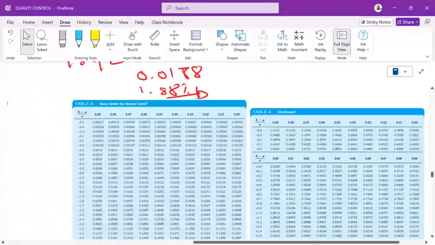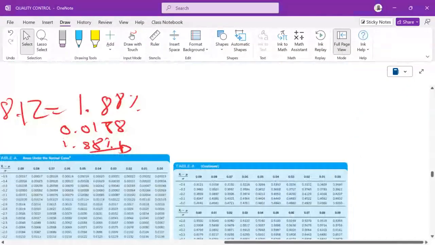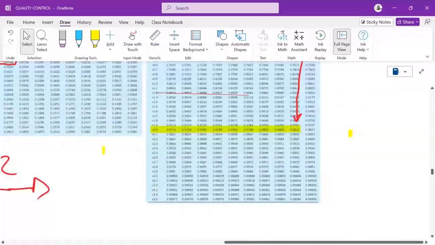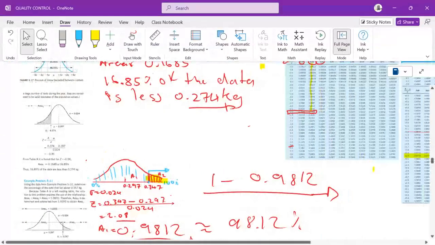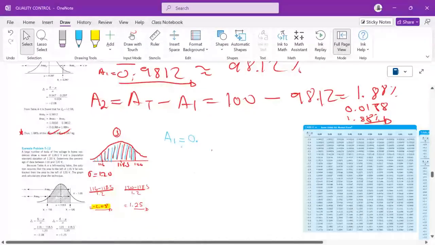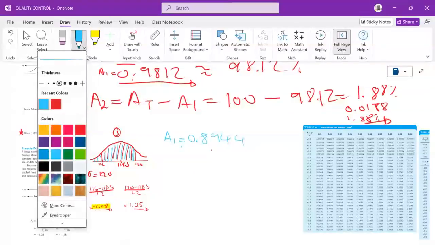I'm going to lose what I'm doing now. We said it's 89.44. Now it's too thin. I'm no longer feeling it.